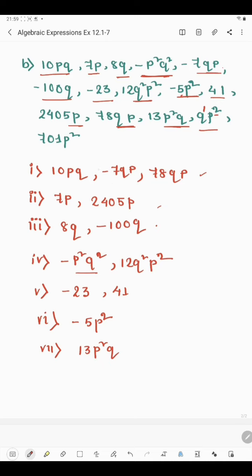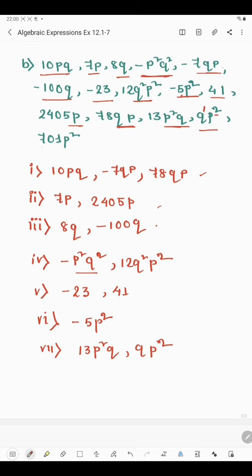So let us find that. So q p square, see, here it is. Here the power of q is 1 and the power of p is 2. So we will put q p square with the term 13 p square q. p square q and q p square are the same, right? When you multiply p square with the variable q, you will get p square q or q p square. It's the same, okay?